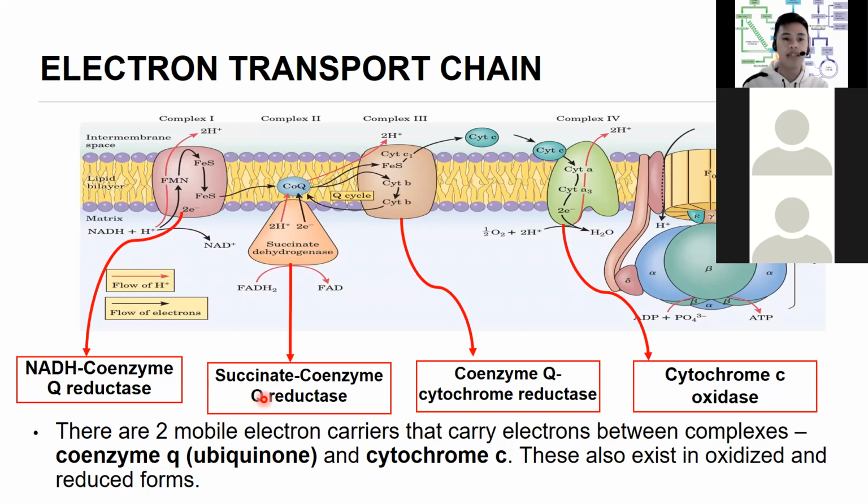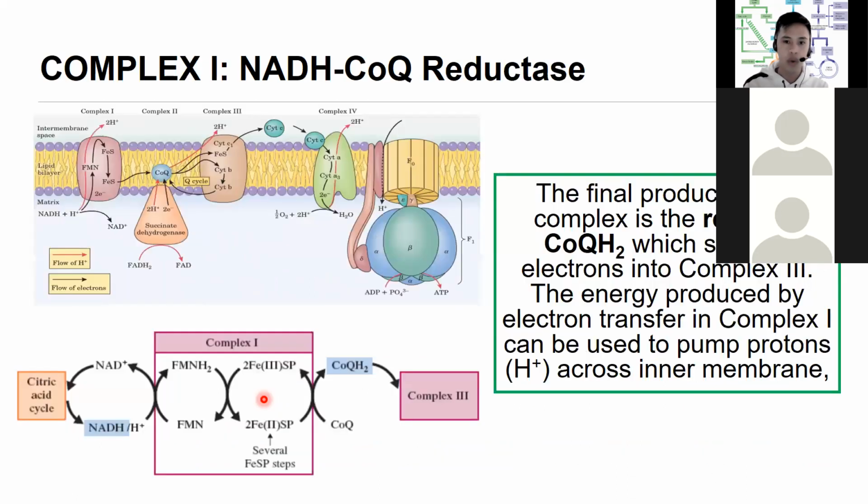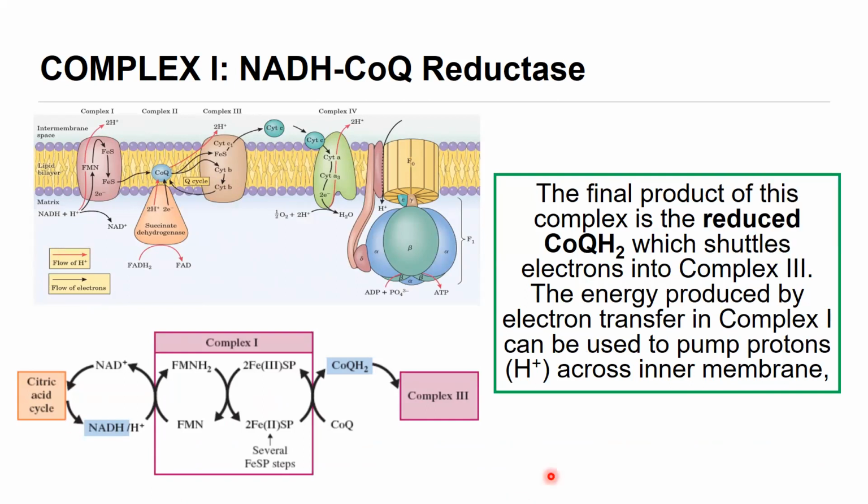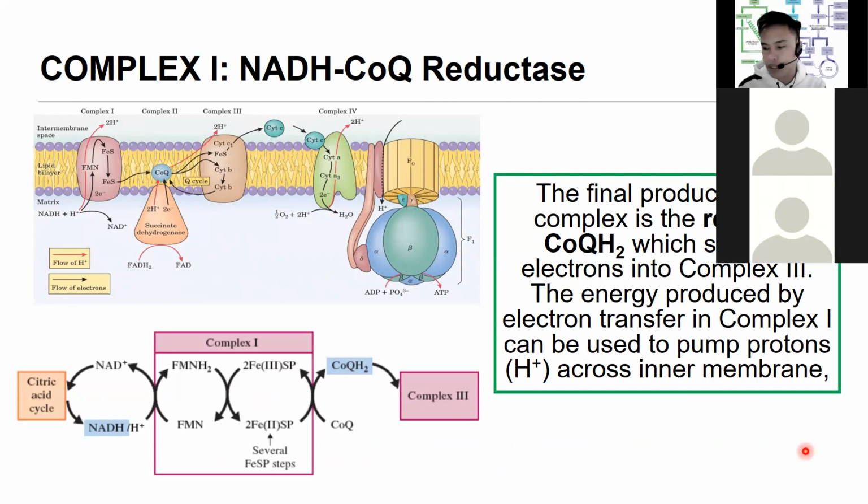Okay, so let's go to the different complexes one by one. Let's start with complex 1. Complex 1 is known as NADH coenzyme Q reductase. So what happens in complex 1? Remember, what are the 2 reduced coenzymes produced in the Krebs cycle?